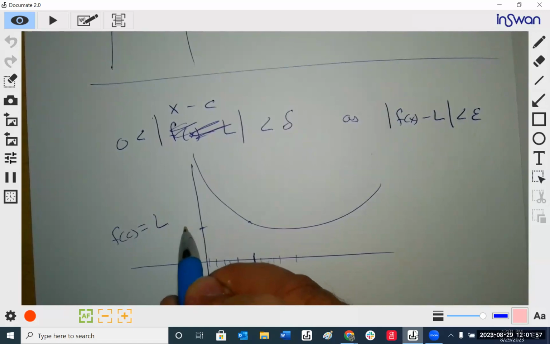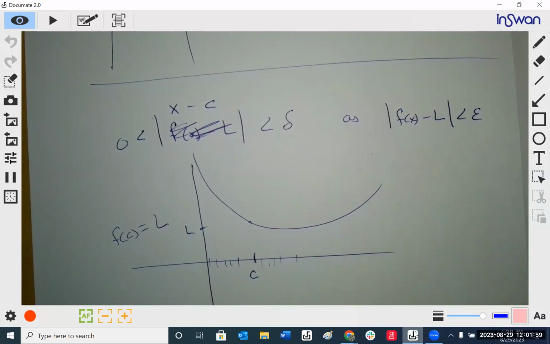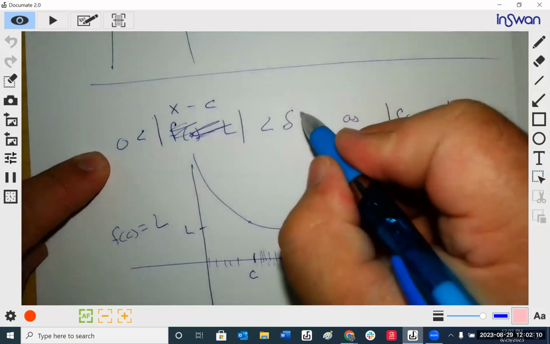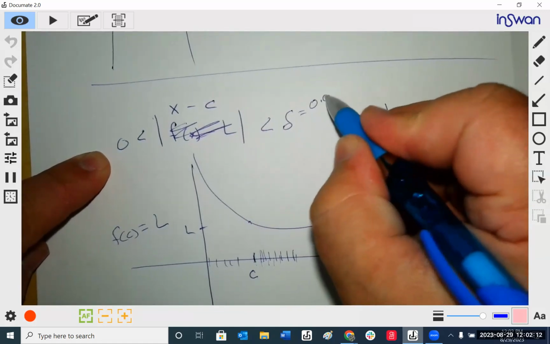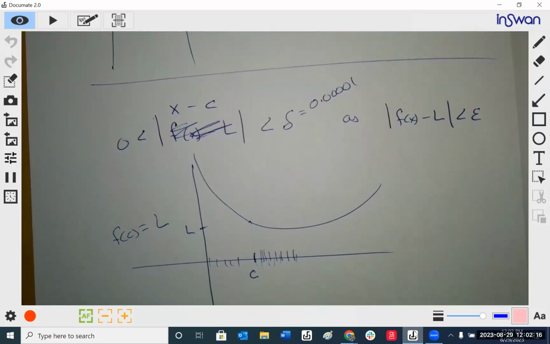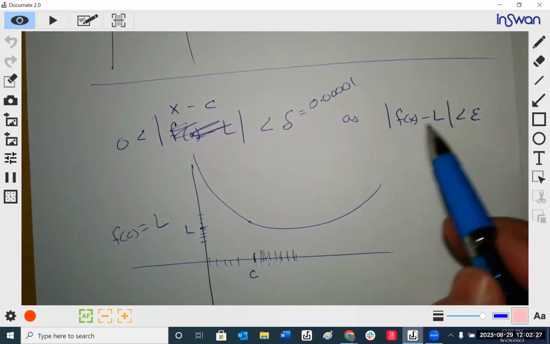So this corresponds to the limit. As our x's get closer and closer to c, as this gets closer to 0, this becomes infinitely small. So as delta gets infinitely small, as the x gets close to the c, what happens? The y values get closer to L. That's what this one says.